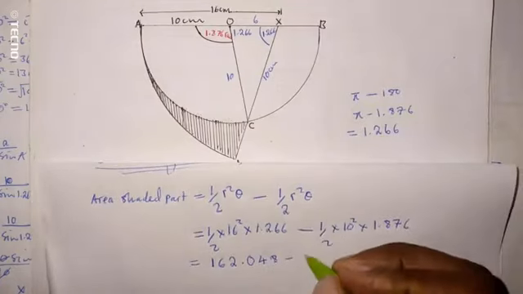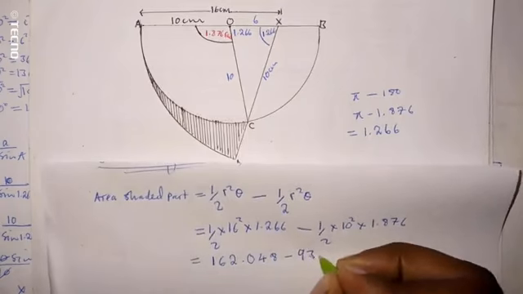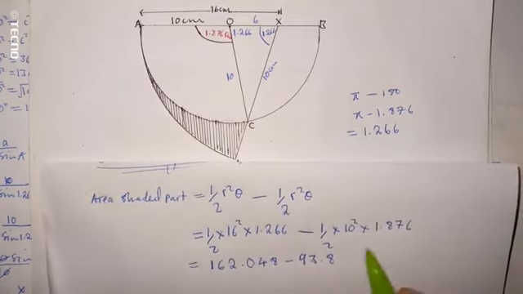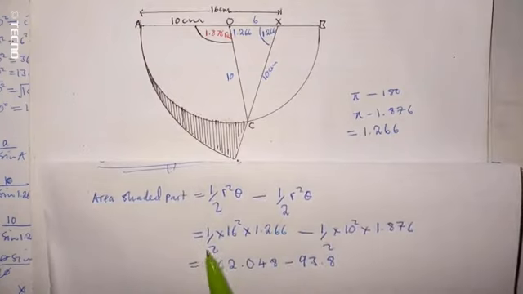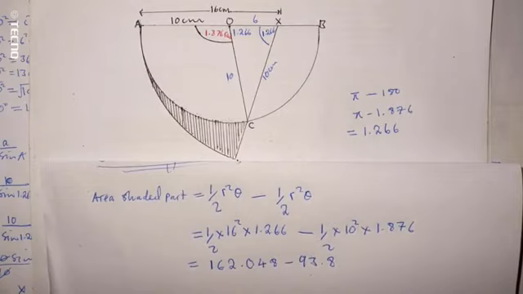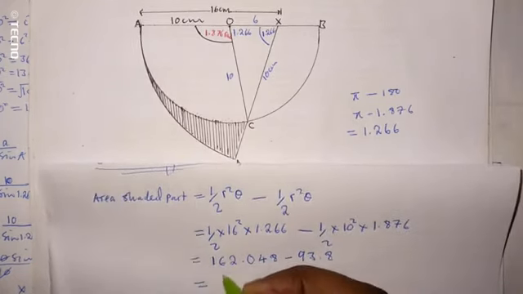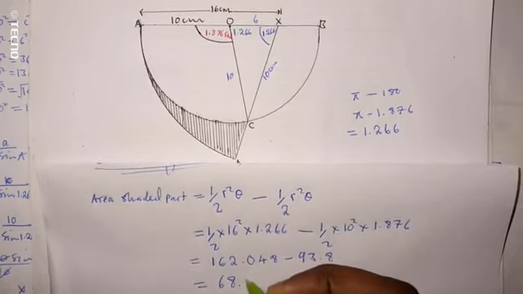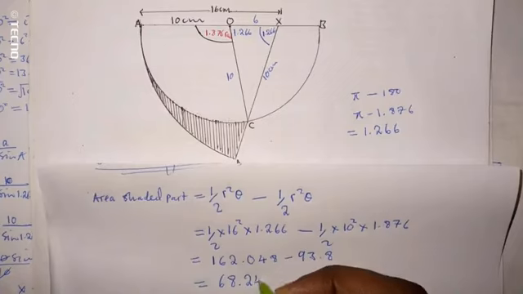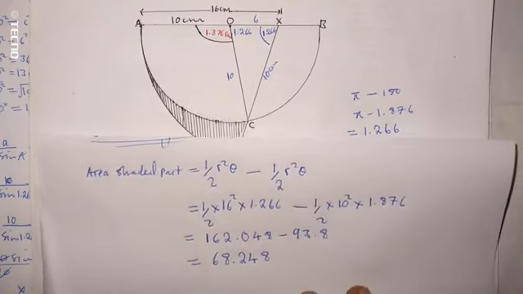Here we get 93.8, when you compute this on your calculator. Then we can subtract, find the difference: 93.8 from 162. The value that I'm getting is 68.248.